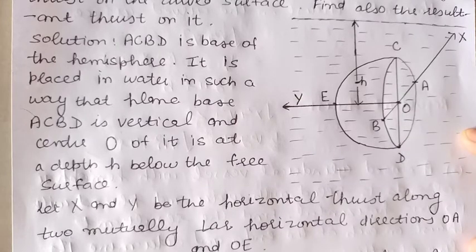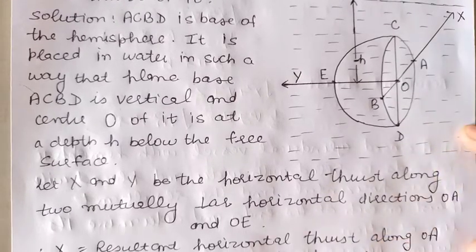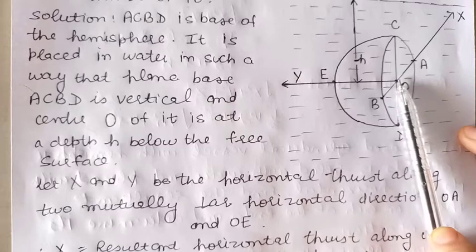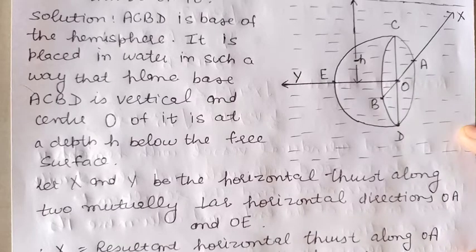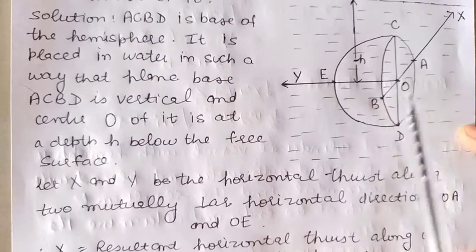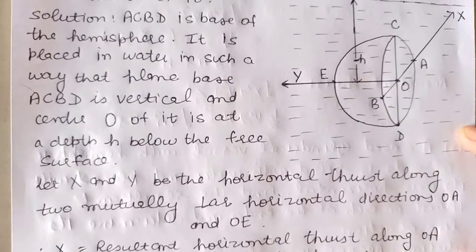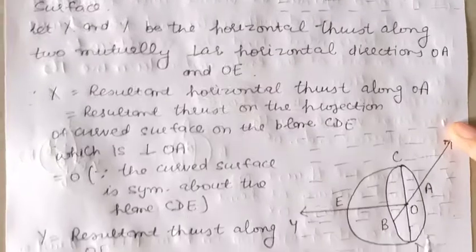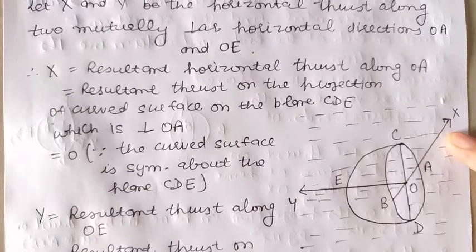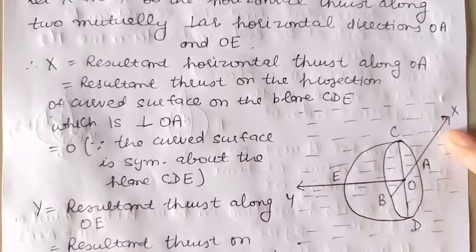Let us find x. X is the resultant horizontal thrust along this direction OA. By definition, x is the resultant thrust on the projection of the curved surface on the plane CDE. This is perpendicular to OA, and so x will be 0 because this curved surface is symmetrical about the plane CDE.